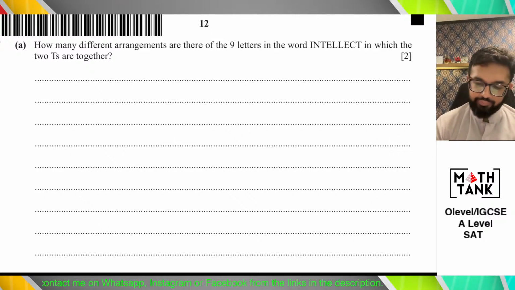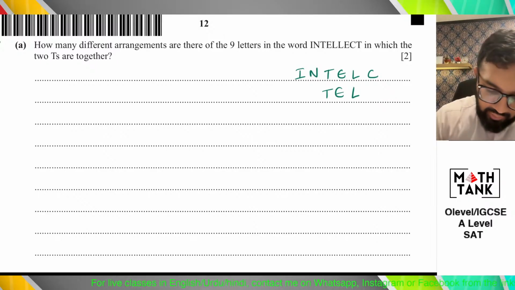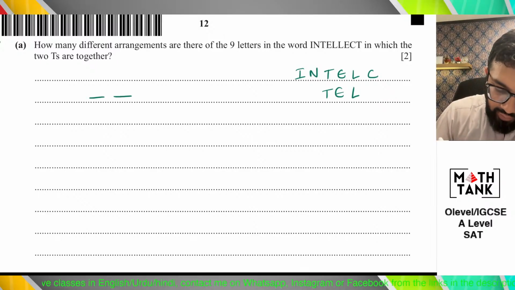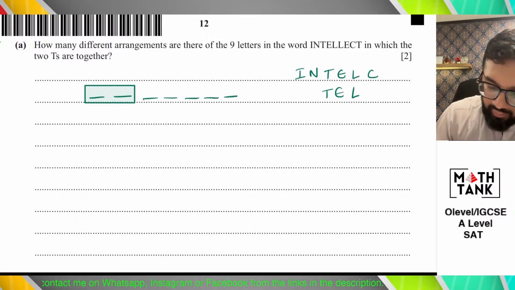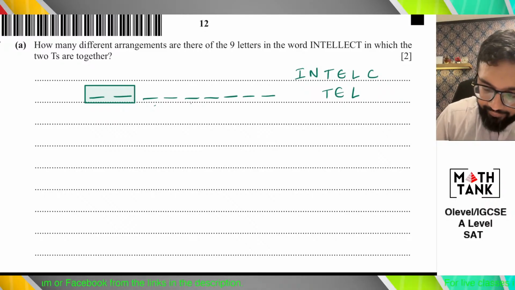Okay, that's the next word in which the two T's are together. I think that's simple. 1, 2, 3, 4, 5, 6, 7.